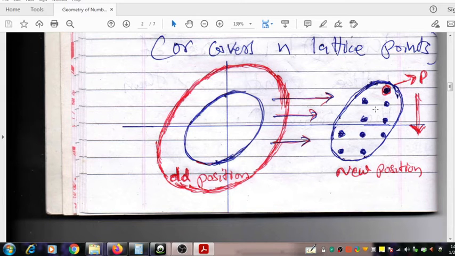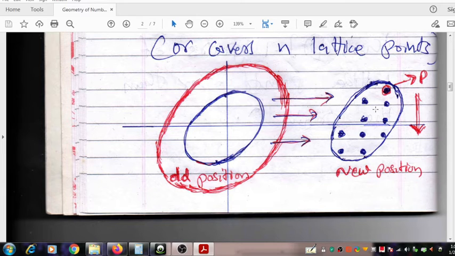In the other case, if all lattice points are inside the newly obtained M set, then you can slightly translate it further to obtain one of the lattice points on its boundary. Until you get one of the lattice points on its boundary, you keep going.